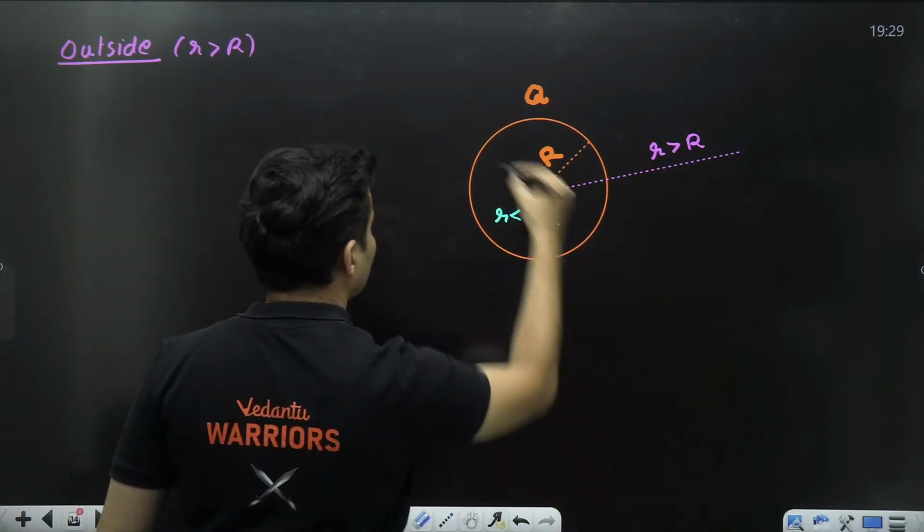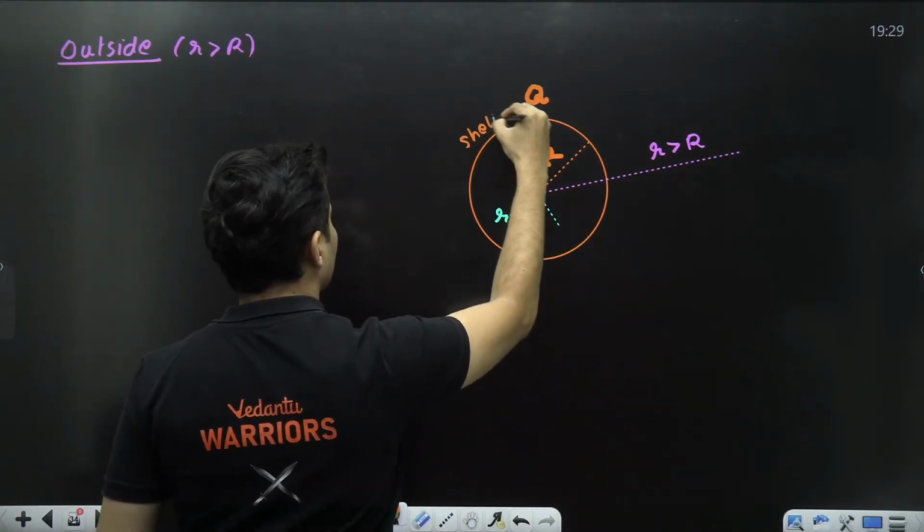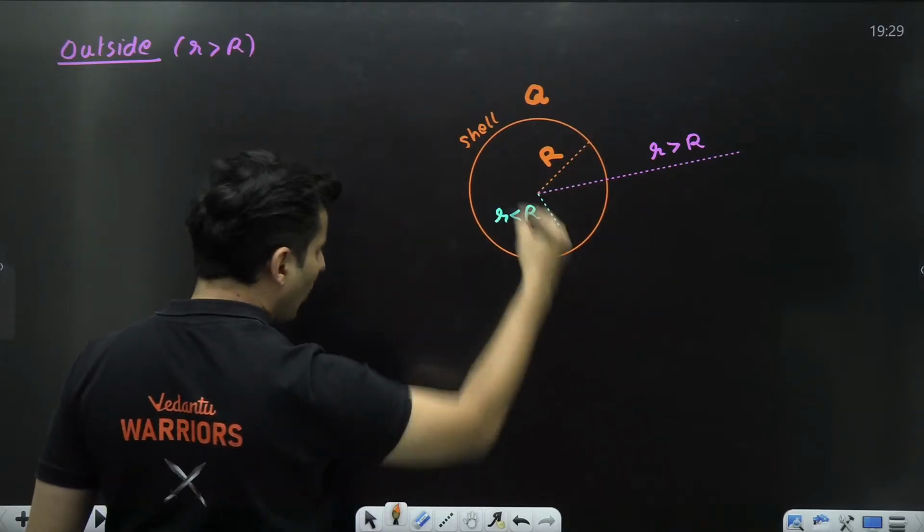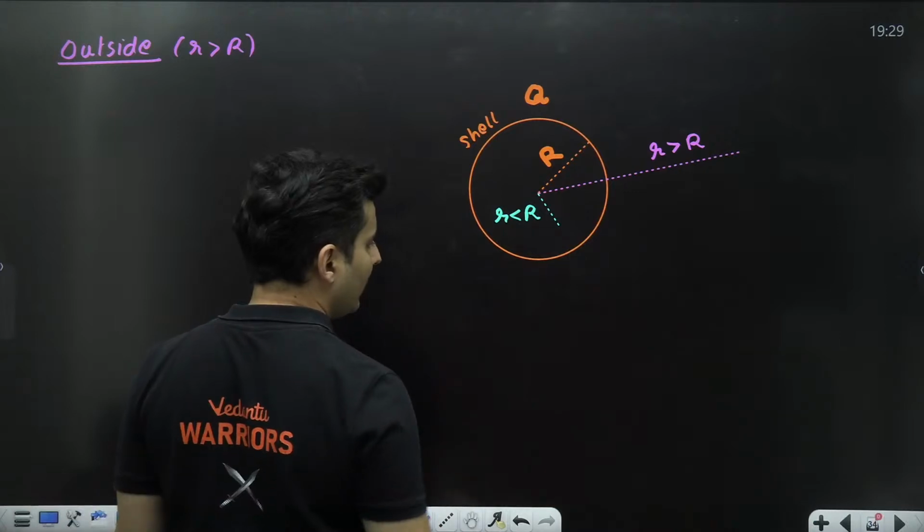Remember, this is a shell. Shell means the charges are only on the surface, on the periphery. It's hollow inside, like a hollow sphere.